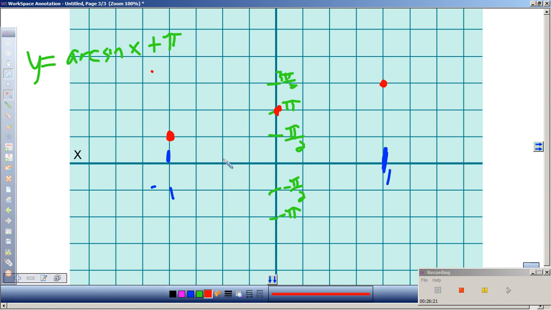So we know we've got those 3 points. What happens in the middle? So this is negative 1/2 and positive 1/2. What is the arc sine of negative 1/2? So where is y equal to negative 1/2?